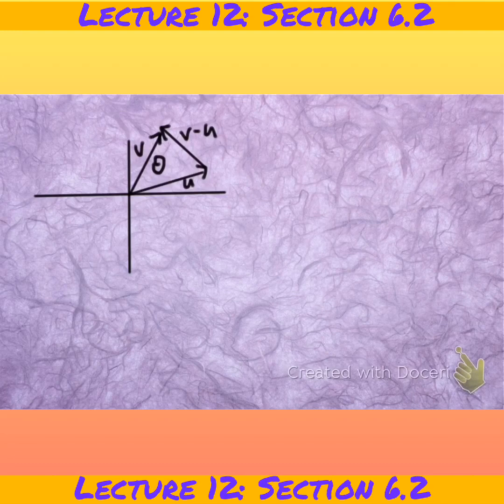Okay, if we look at this representation here, we've got two vectors u and v, and we've got the vector v minus u, and theta represents the angle between the two vectors.